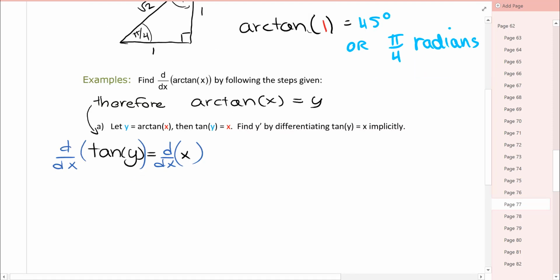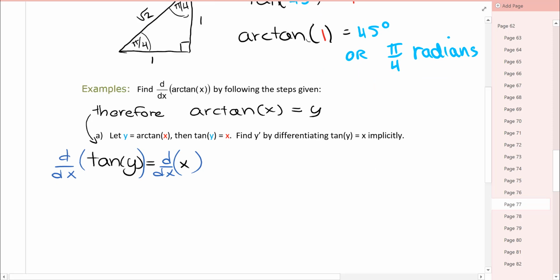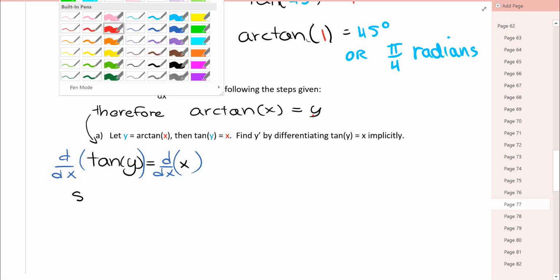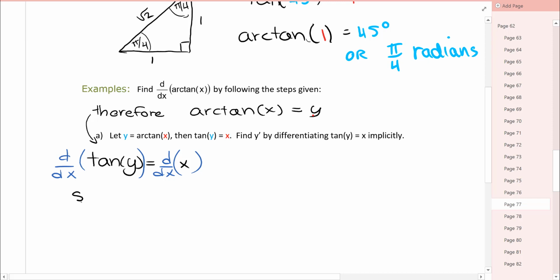Well, we already know what the derivative of tangent is. It's secant squared, right? So here it's like the secant squared, but it's d by dx, and that's not an x, it's a y. So this is some function of x. It's some mystery function of x. Well, in this case, it's not a mystery function. We have a name for it, but we still don't know what its derivative is. But we have to use the chain rule.